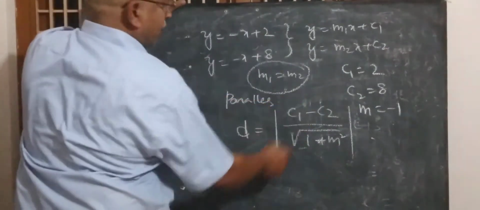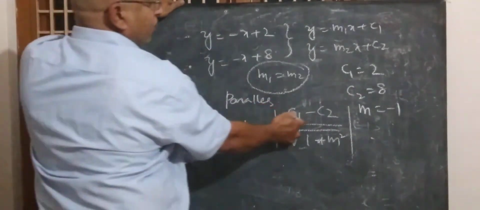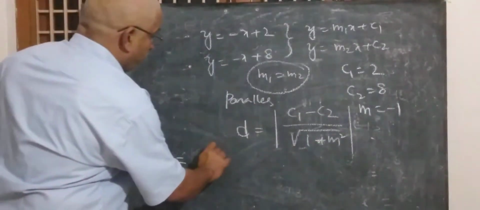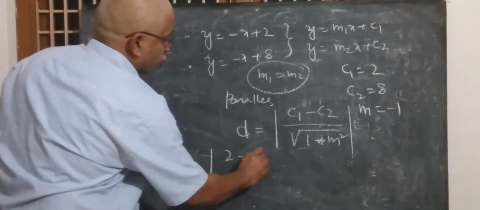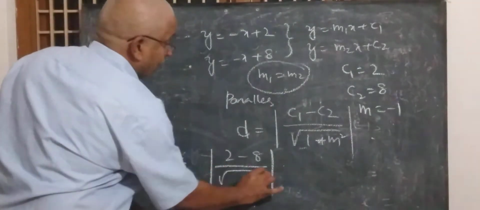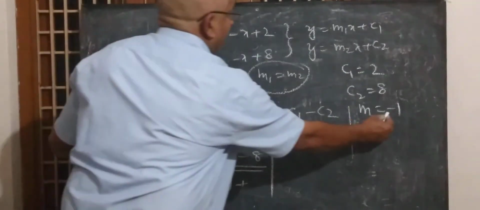Now substitute these values in the formula. Distance between parallel lines is modulus of c1 minus c2 by root over 1 plus m square. So modulus of 2 minus 8 by root over 1 plus m square. What is the value of m here?